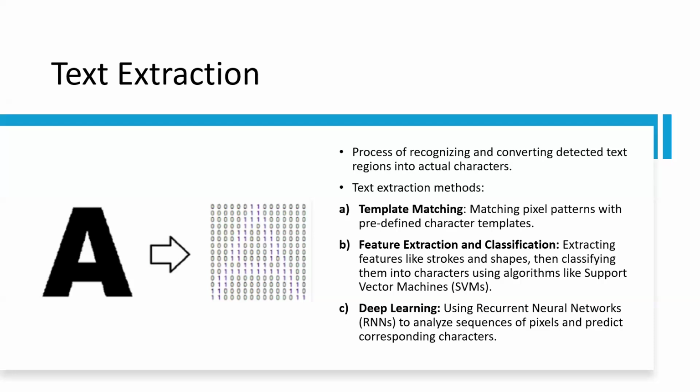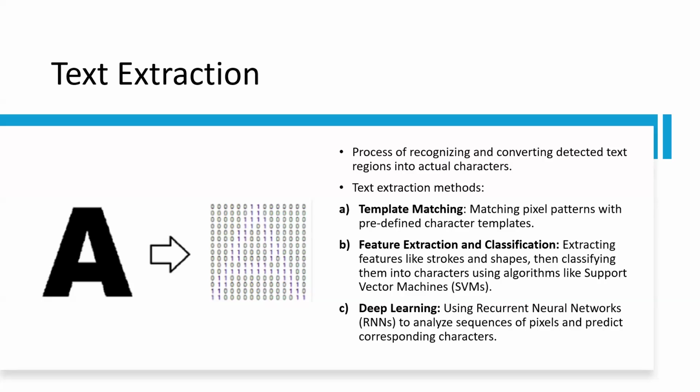There are three methods. One is template matching, next is feature extraction, and the most common method is deep learning. Template matching is like: we know there are two slanting lines and a horizontal line, that's a template, that's A. Next is feature extraction, meaning in terms of images, we need to get the intensity of the pixels where we are seeing ones. And deep learning is the most common method.